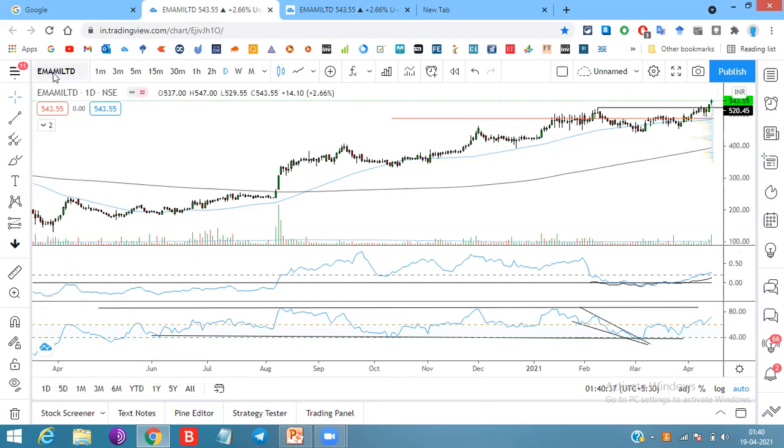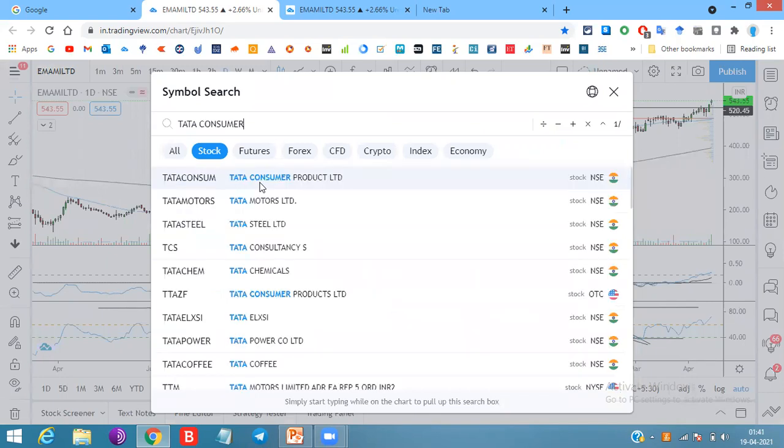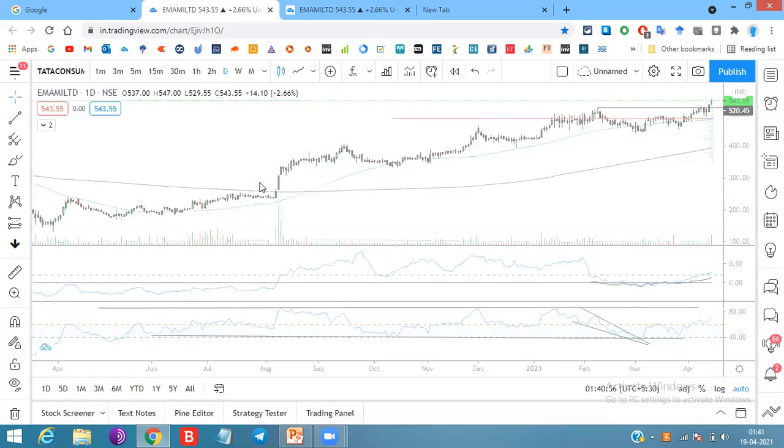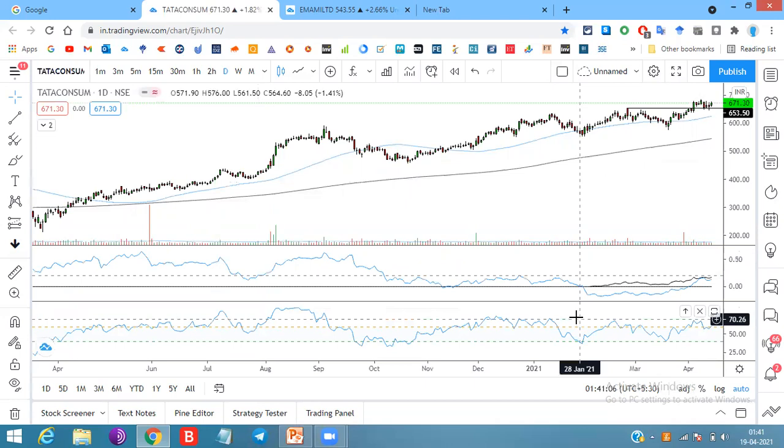Yes, so my second watch list is Tata Consumer. So in Tata Consumer, can we plot a channel?